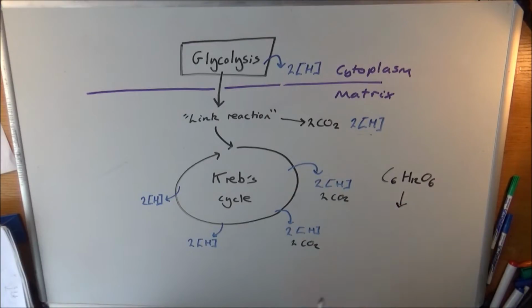At the end of glycolysis you get 2 molecules of pyruvic acid, and each one has still got 3 carbons, so we've not actually lost any carbons at that stage.